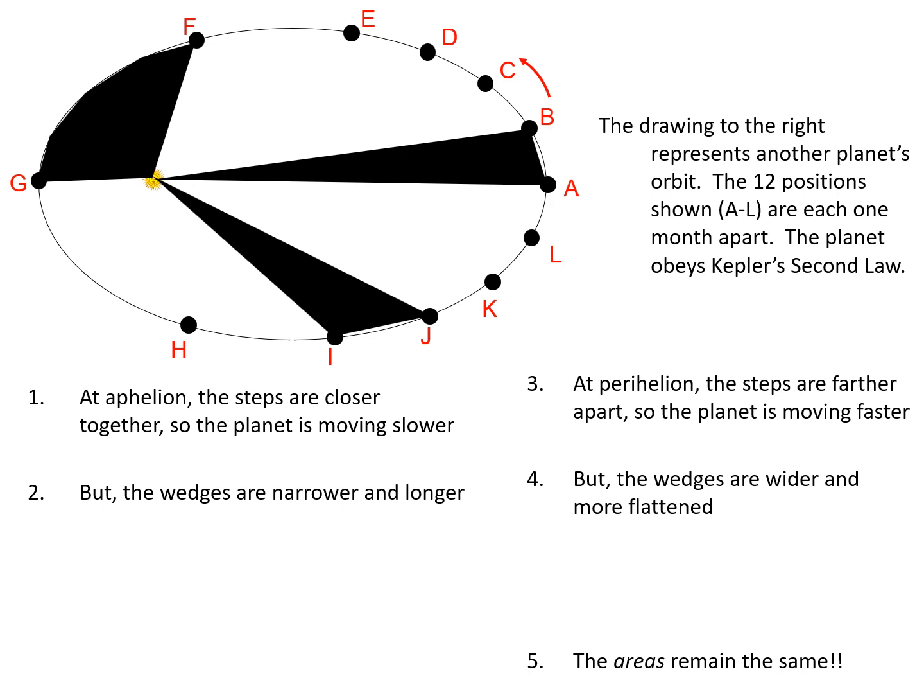Closer to the Sun, say F to G, it's a much wider wedge, but a little more squat, being closer to the Sun. And then say I to J, again a month, the area of this wedge remains the same, indicating that the planet is speeding up and slowing down. So in this case, A to B, the planet is moving fairly slowly. F to G, the planet is moving near its fastest.